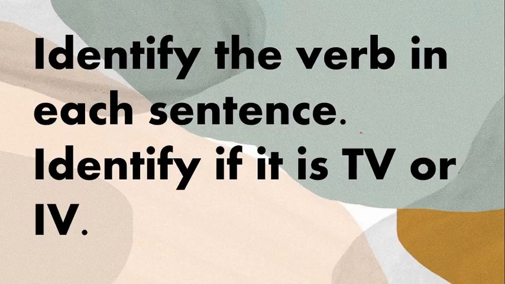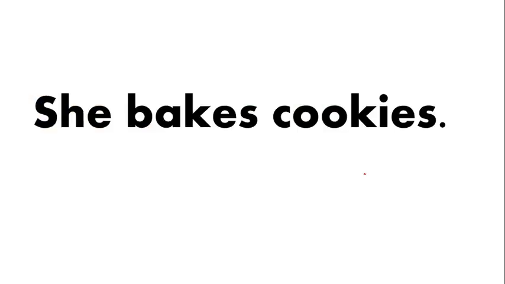So the next drill is about identifying the verb in each sentence, and then identify if it is TV, which means transitive verb, or IV, which means intransitive verb. So the first one, she bakes cookies. Here, what is our verb? Bakes. And then you're going to ask, bakes what? Very good. It's the cookies.